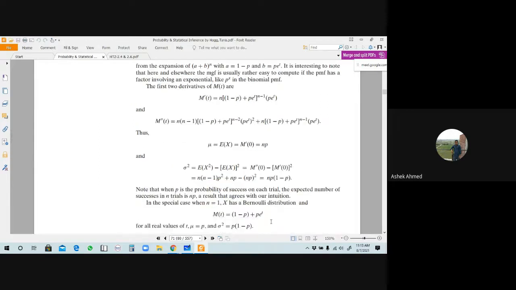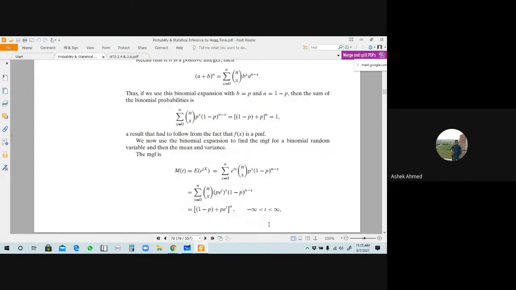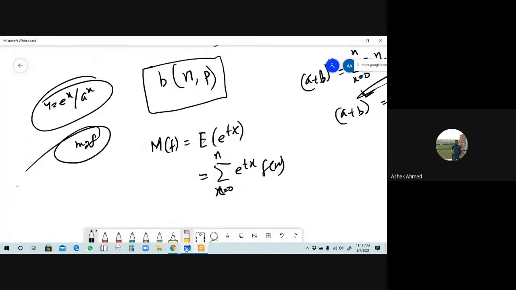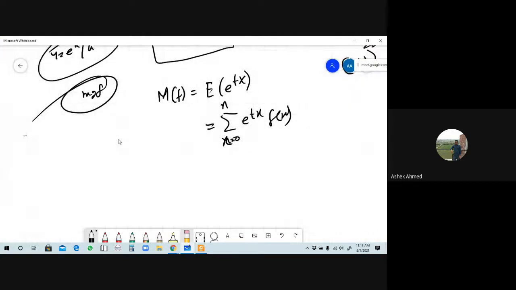Okay. Now we can evaluate the values of mean and variance by using the moment generating function. Okay, we know how we can determine the values of mean and variance from the moment generating function.